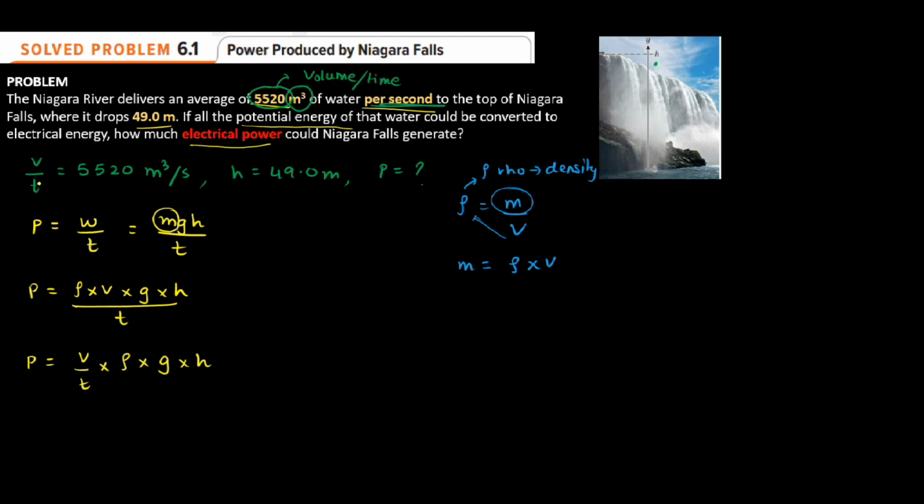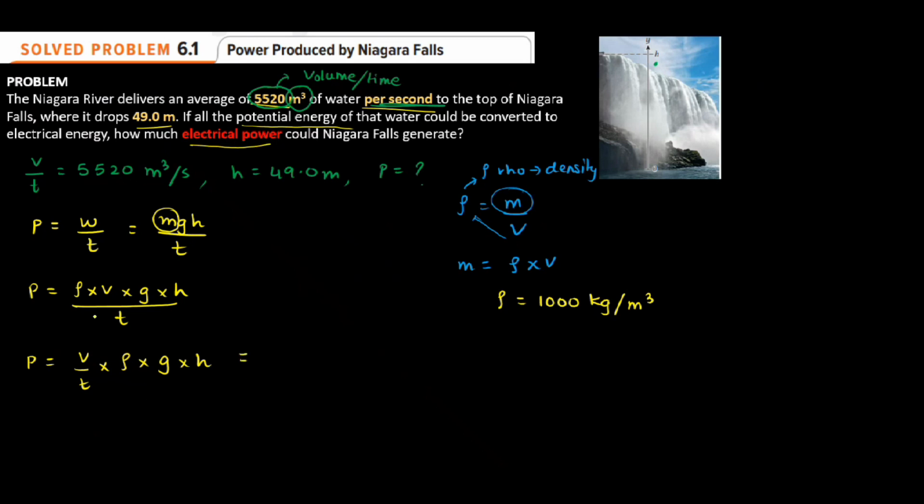Because V over T is given to me in the question. What is the density of water? Density of water is a constant which is 1000 kilogram per meter cube. And this constant must be given to you in the question. So I will use this constant in my rule here.